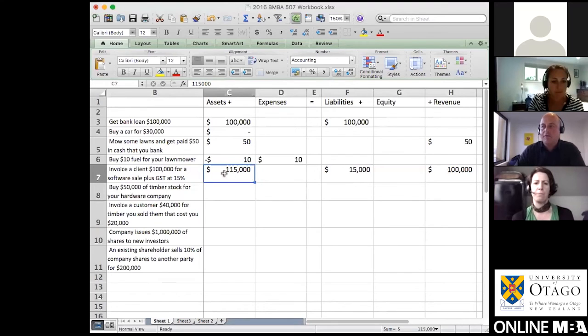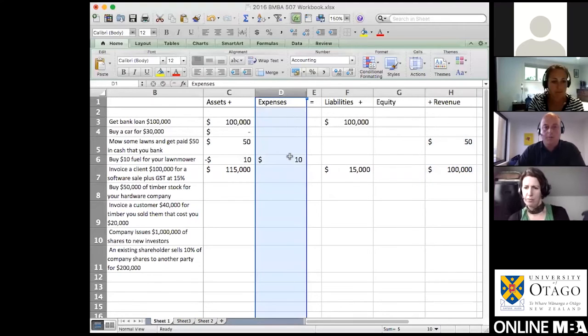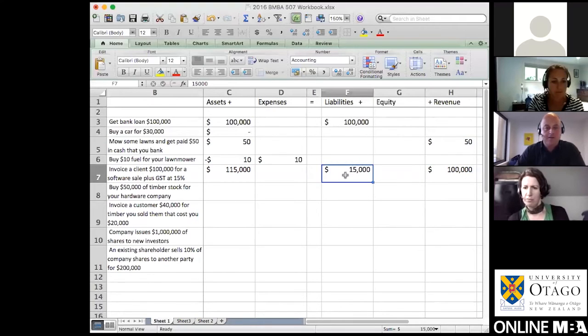So of the $115,000, 100,000 is revenue, and 15,000 is GST. So when you think about it, that's a little bit tricky, isn't it? Because what we're actually saying is 100,000 is revenue, which will generate profit. So all of our revenues less whatever our expenses are will be profit. But this 15,000 is a liability.